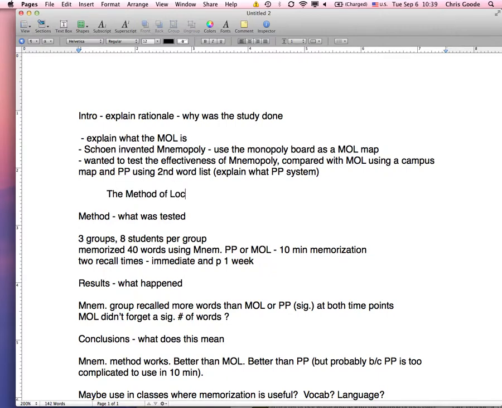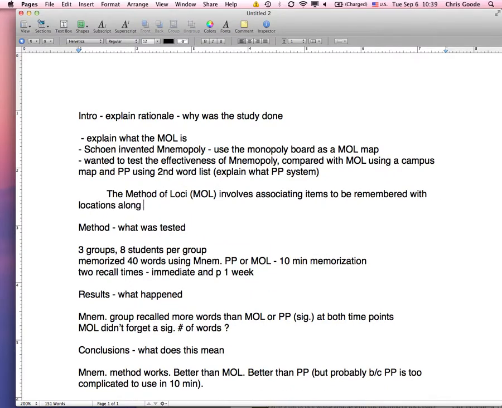Method of loci, and I'm going to abbreviate that for the rest of the paper, involves associating items to be remembered with locations along a very well-known path.